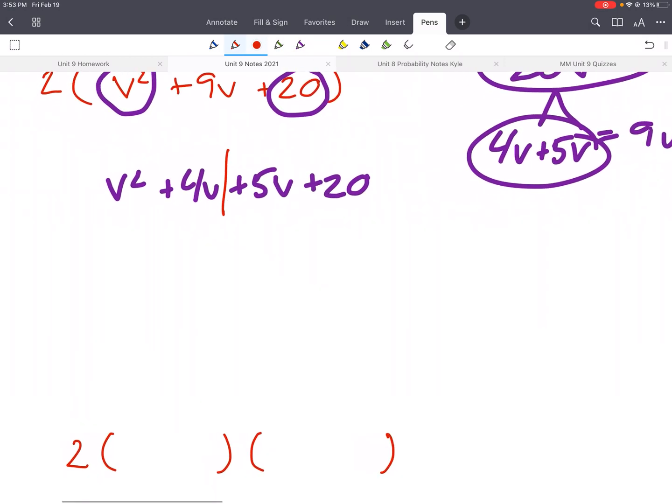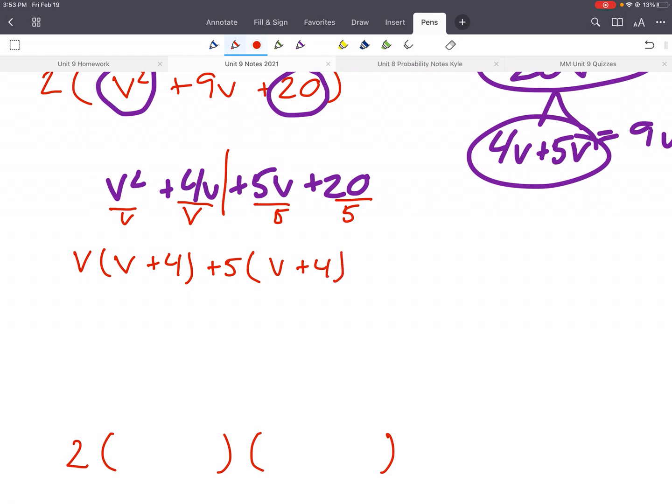Okay, so then we'll do grouping this way. Looks like we could take out a v. That leaves us with a v plus 4. And it looks like we could take out a positive 5. So that will leave us with a v plus 4. Again, the 2 things in the parentheses have got to be the same.